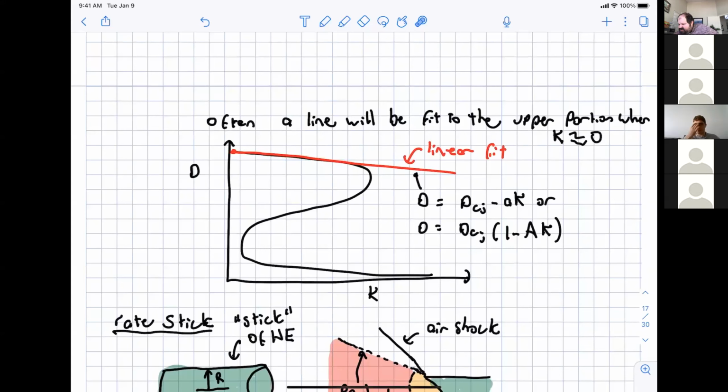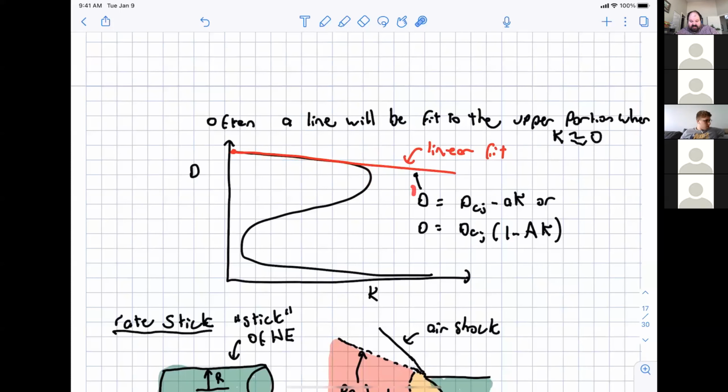You want to avoid very strongly curved detonations because you don't want the curvature to be so high that you produce localized regions where the explosive doesn't burn and contribute to the detonation. And I mean, there's a multitude of reasons for that, efficiency, things like that. And so what they'll do is they'll just fit some sort of really simple function, sometimes a linear fit, sometimes something else.